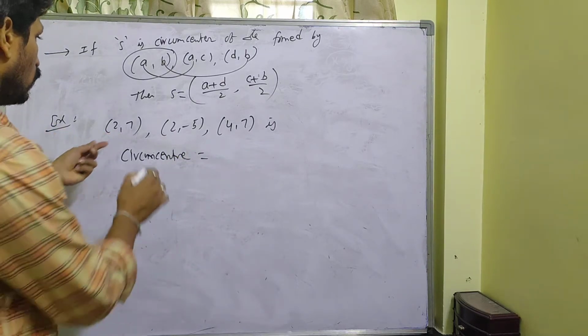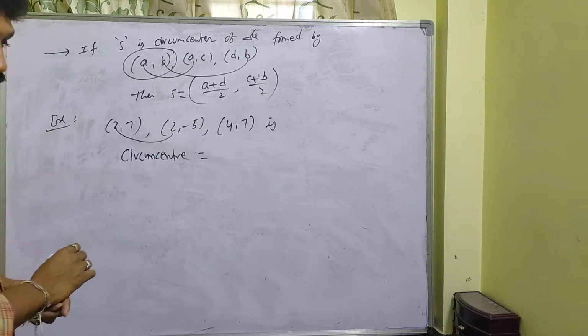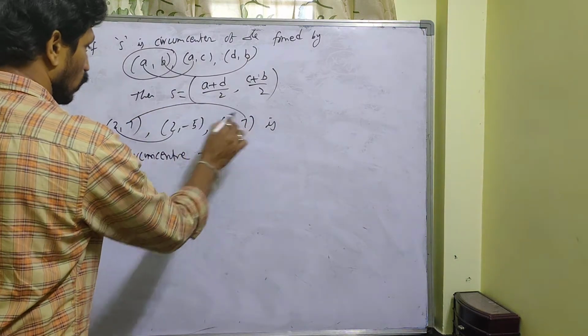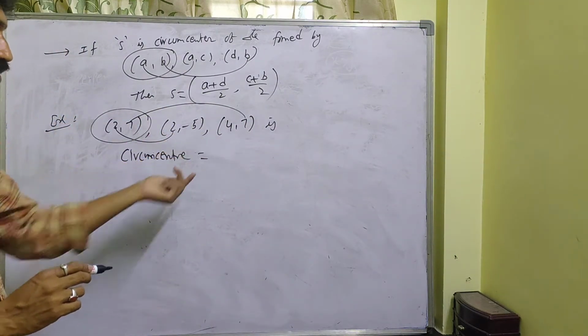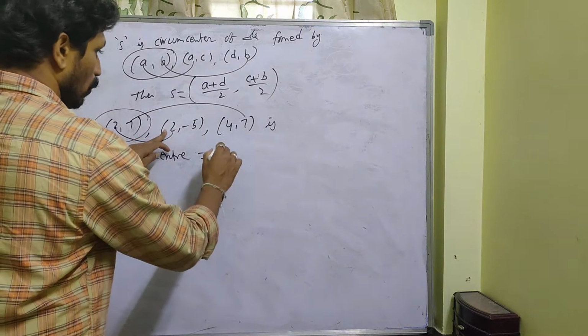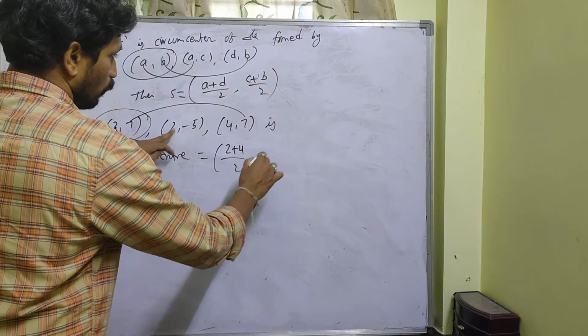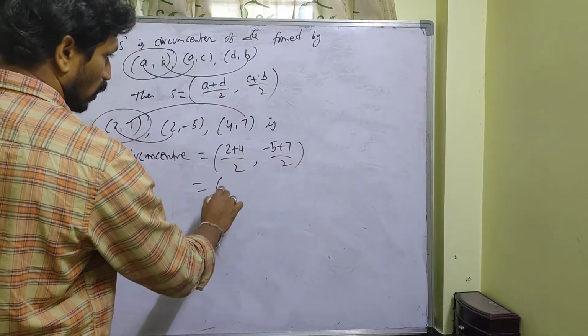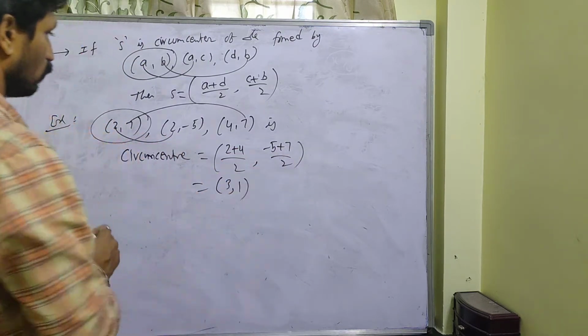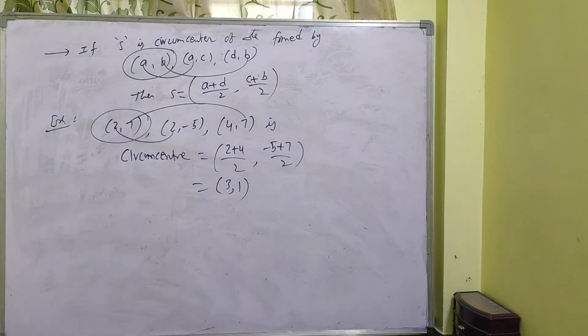See, once you observe, these two are coincident, equal. These two are equal, so this is the right angle vertex. Therefore the midpoint of these two is the circumcenter. That is (2 + 4)/2, (-5 + 7)/2, that is 6 by 2 is 3, 2 by 2 is 1. Like that you find out the problem.